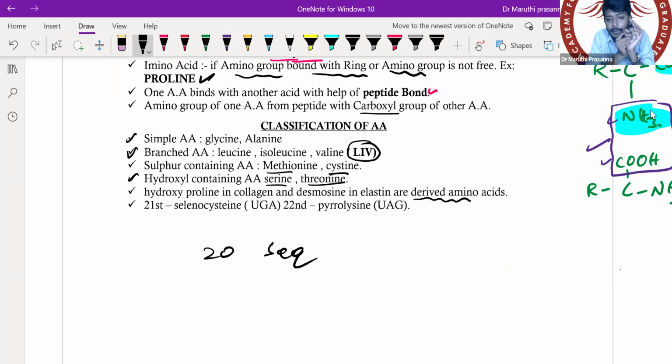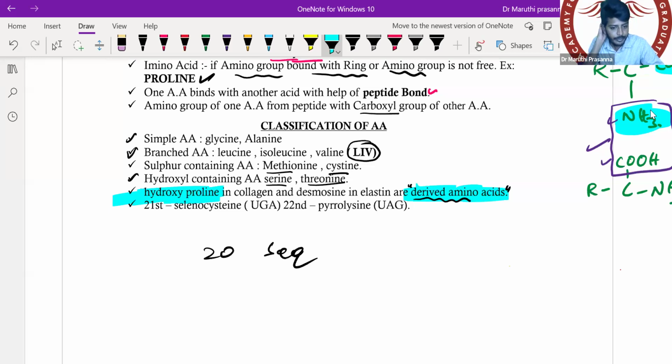If an amino acid is not coded by any codon, we will call it a derived amino acid. Classically, we have hydroxyproline.